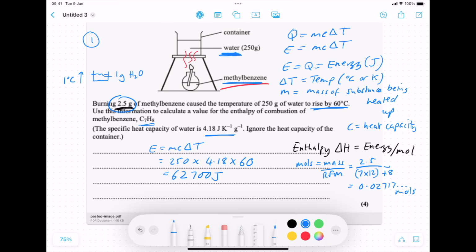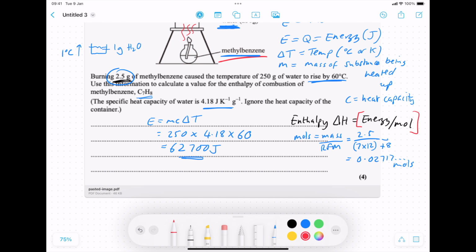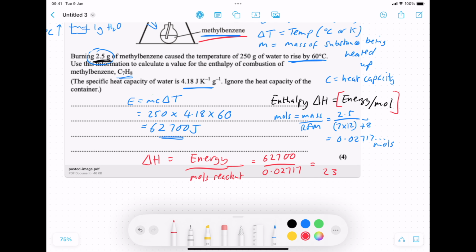Finally, how do we change this answer into an enthalpy change? Well, the clue is in the unit of enthalpy. It's energy per mole. So all you have to do to work out the enthalpy, I'll do this in red, is take the energy of the reaction divided by the number of moles of the reactant. So I just do 62,700 divided by 0.02717, which gives 2,307,692.308 joules per mole.